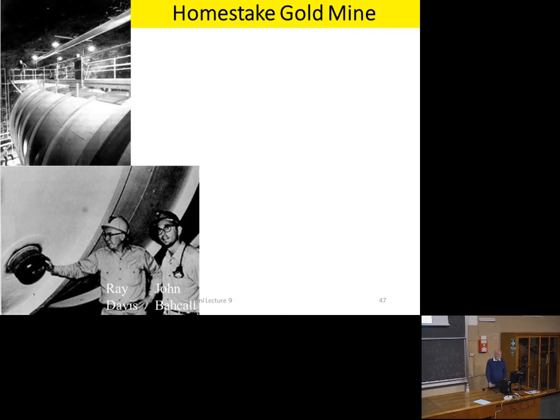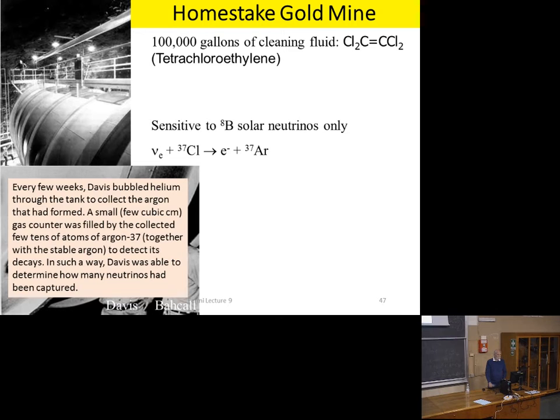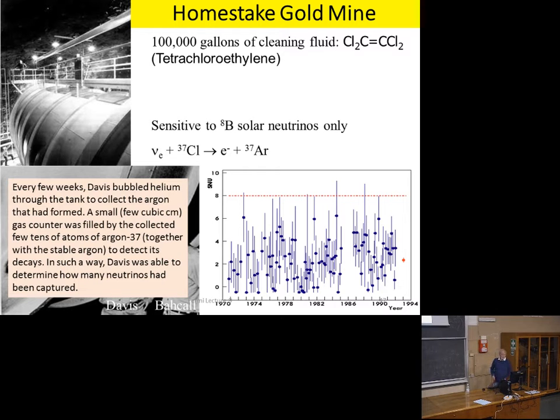A different experiment was done in the Homestake mine. This shows it. The prediction for how many would come, doing all the calculations of how the sun burns, everything I told you before, is here. What's measured is here. This is measuring it as a function of time in a very different experiment. This experiment uses a big vat, 100,000 gallons of cleaning fluid, which you use to clean, expensive. And this reaction is looked for.